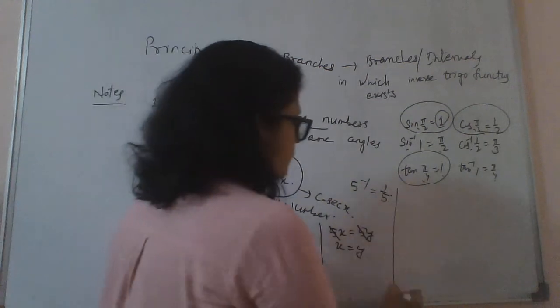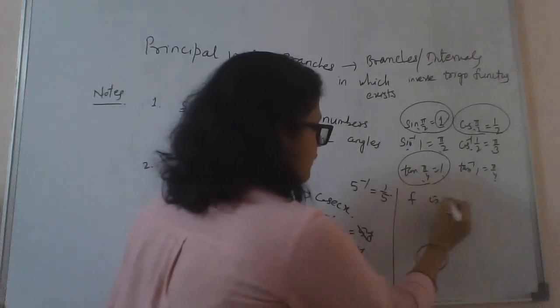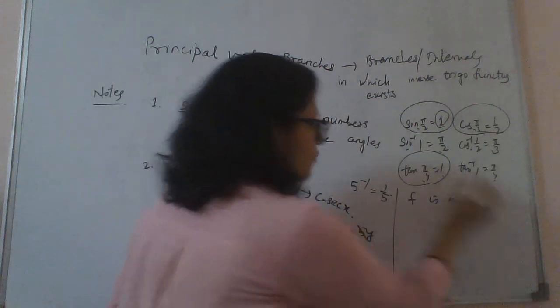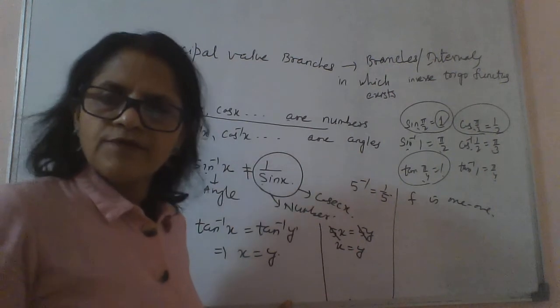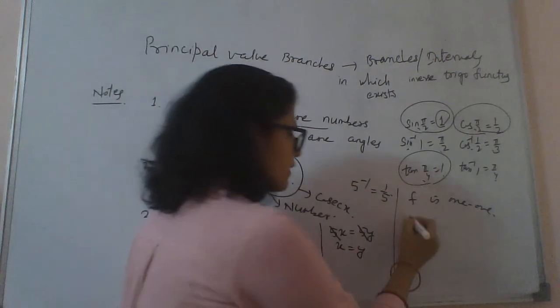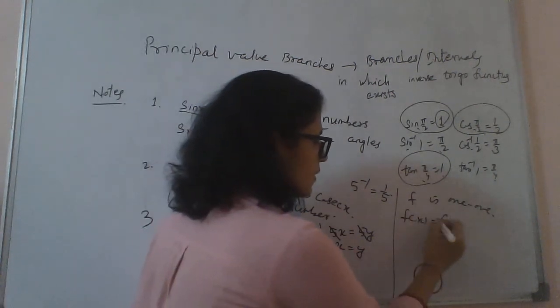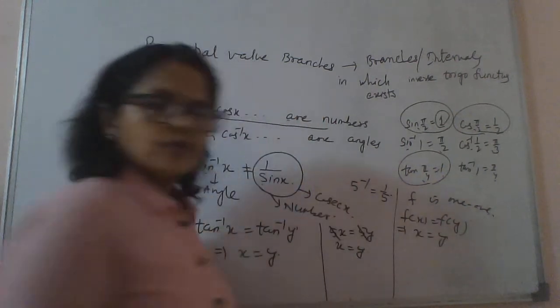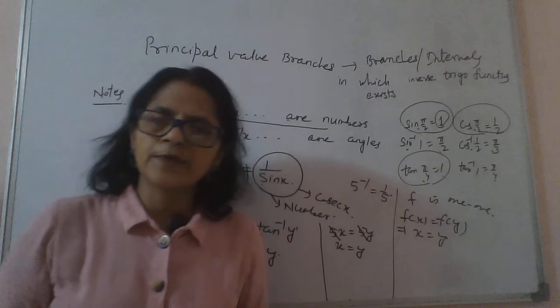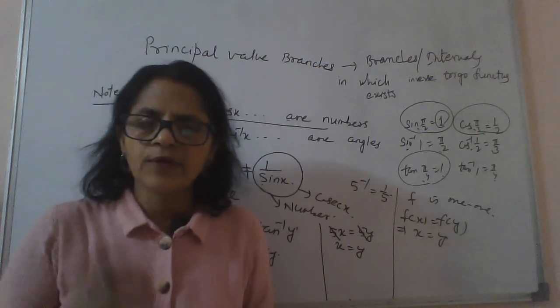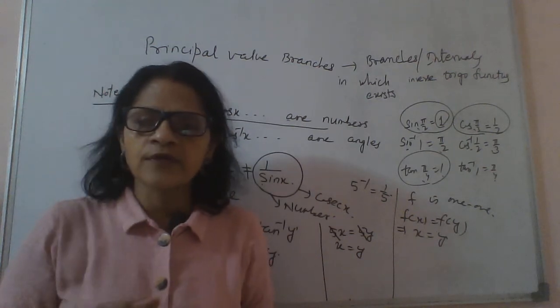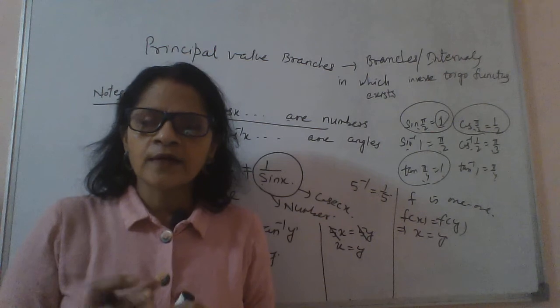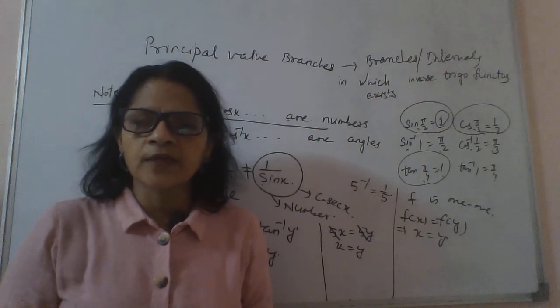Just suppose, for example, f is 1, 1. How do we check if a function is 1, 1? We take f(x) equal to f(y) implies x equal to y. This is by the definition of a 1, 1 function: distinct pre-images have distinct images.